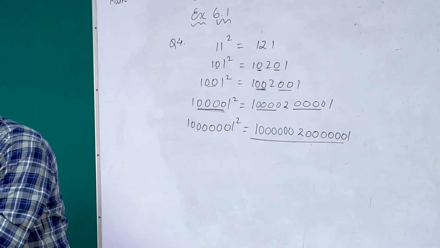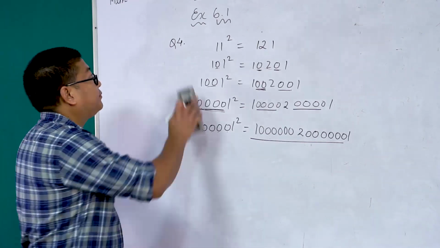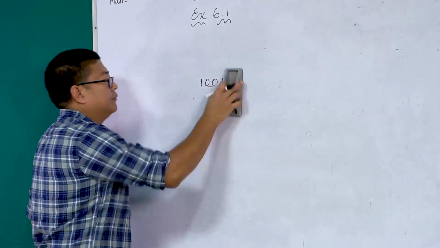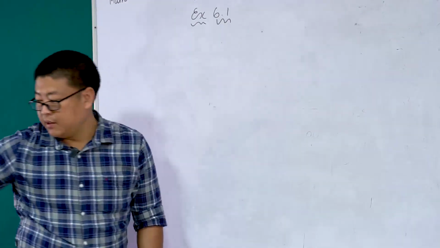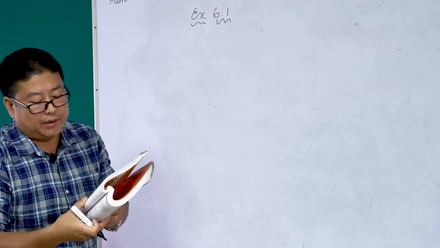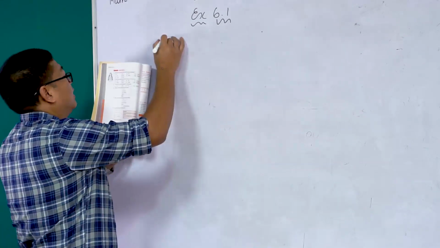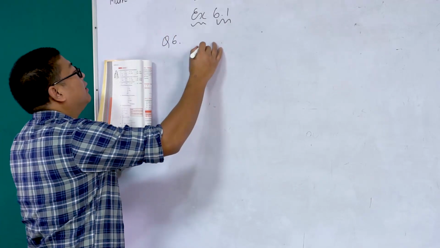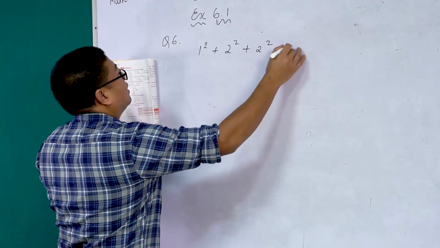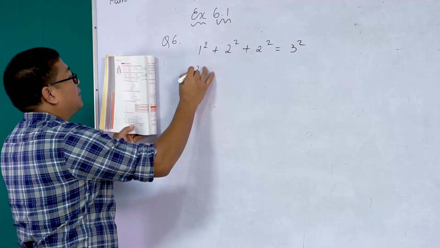Now let's look at question number 6. Using the given pattern, find the missing numbers. Now this is more interesting. 1 square plus 2 square plus 2 square is 3 square. First pattern.